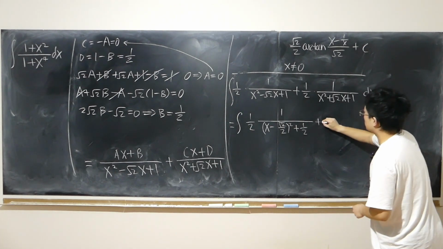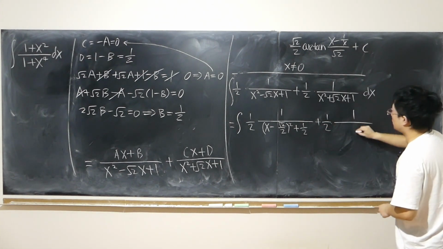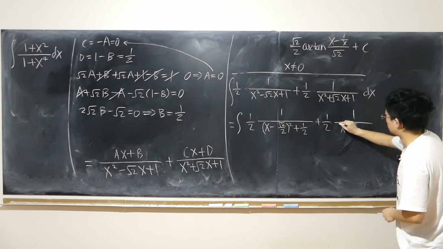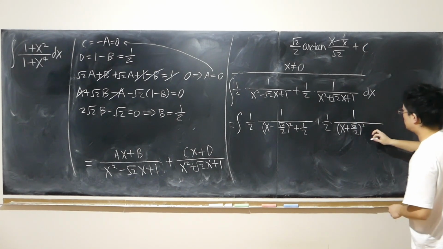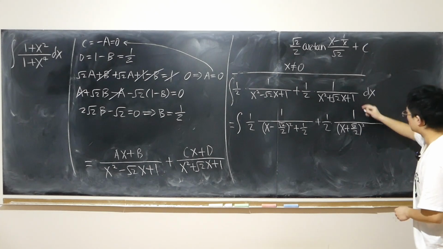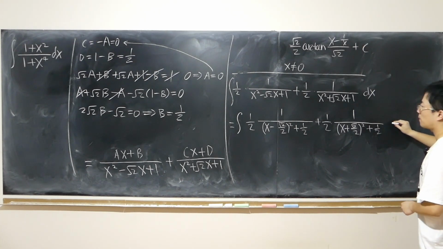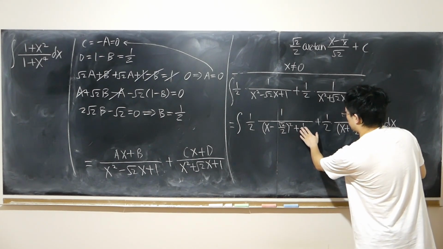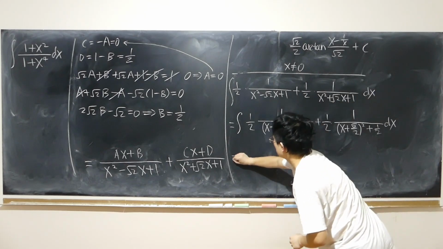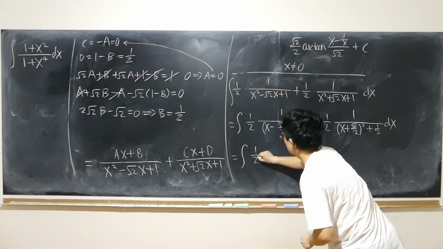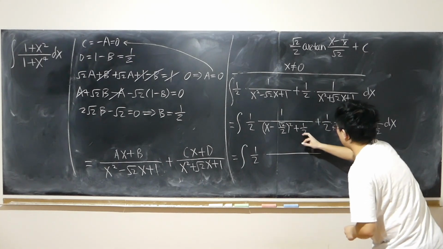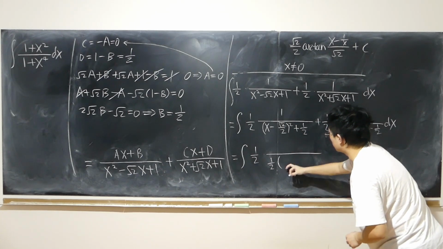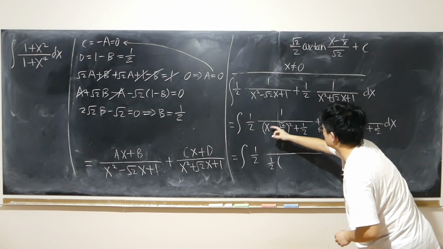Likewise, x plus half square root of 2, squared, plus half, dx. And so I can just factor out half, and multiply 2 into this.